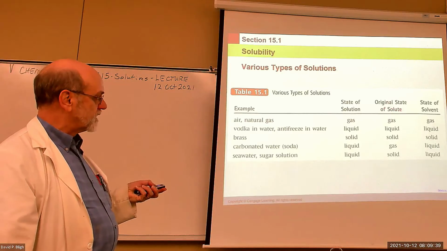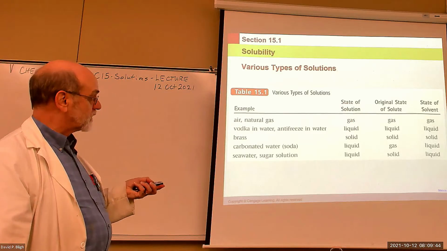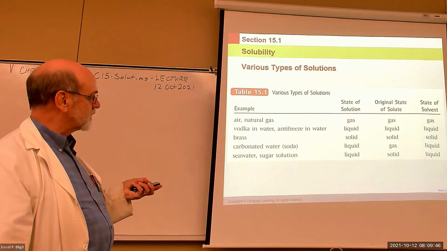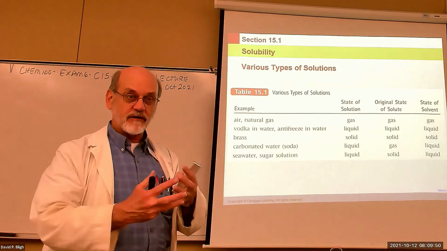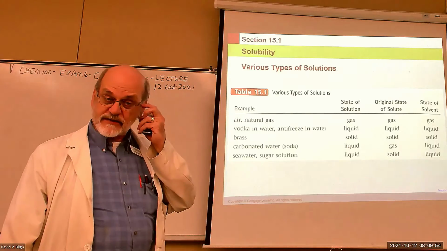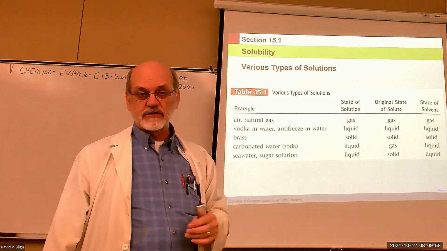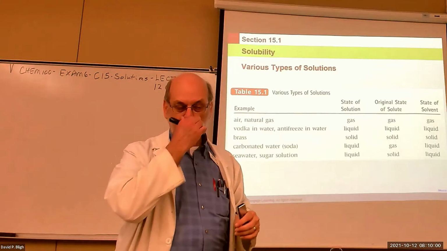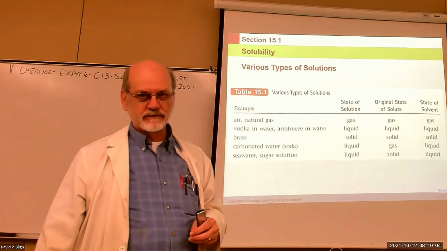The solvent is a gas, the solute is a gas, and the solution, the phase of the solution itself is a gas. Now, one thing about gases is if you mix two or more gases together, you always get a solution. Every time. There's no such thing as a heterogeneous gas mixture.